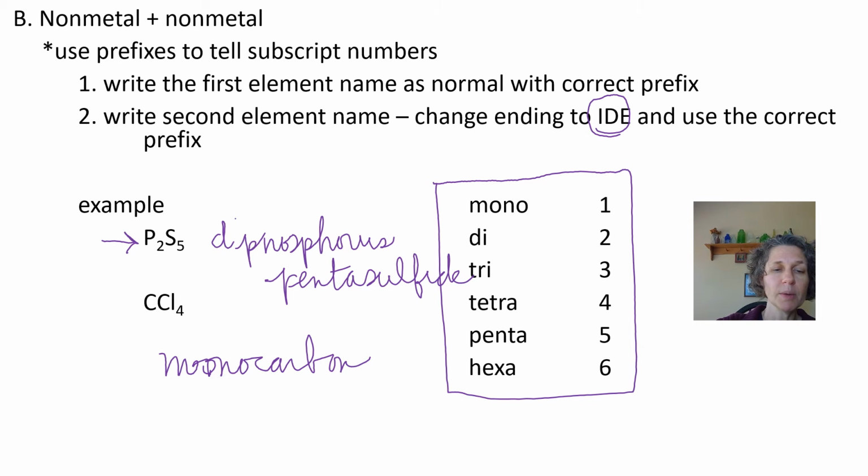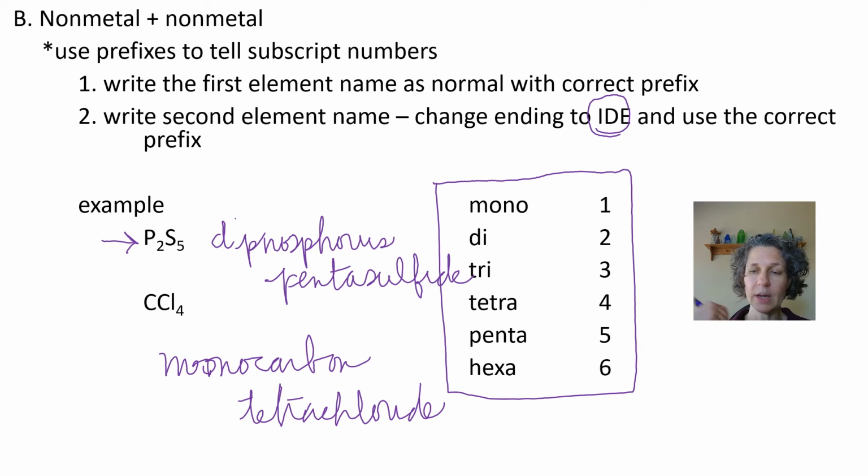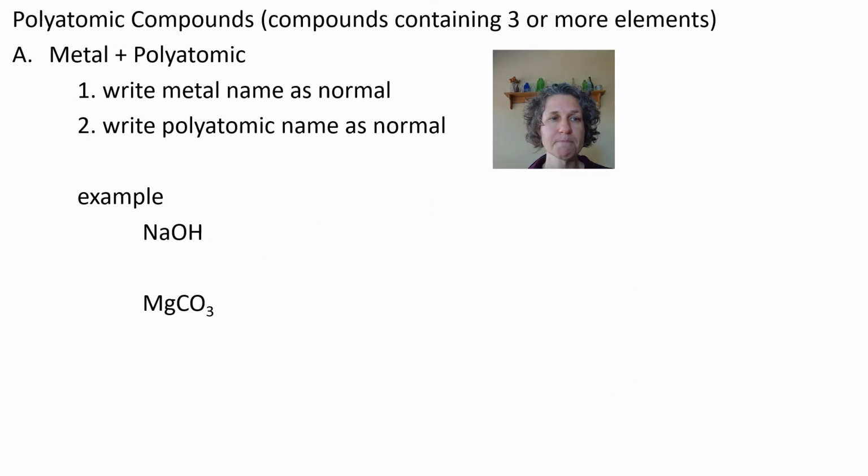So monocarbon tetrachloride. All right, so pretty straightforward, I think, and then you kind of just keep on going. The big thing on this is not to overuse prefixes. It always seems like once I teach prefixes, everybody wants to use prefixes all the time. You only use them if you have two nonmetals.